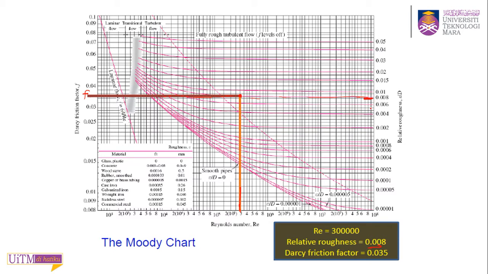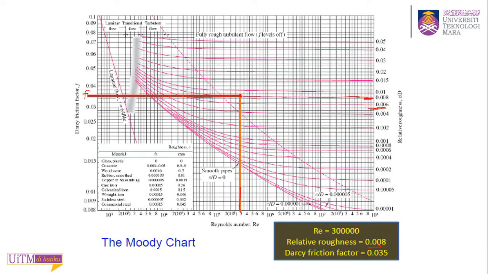But if your value is not on a line, somewhere here, let's say 0.005, you need to estimate the middle point between the lines.